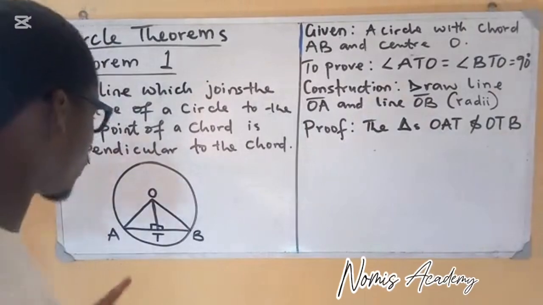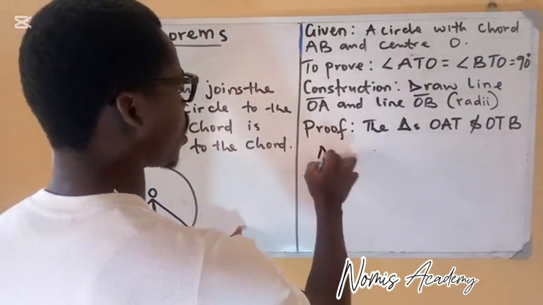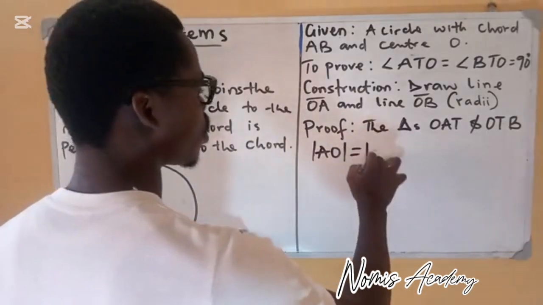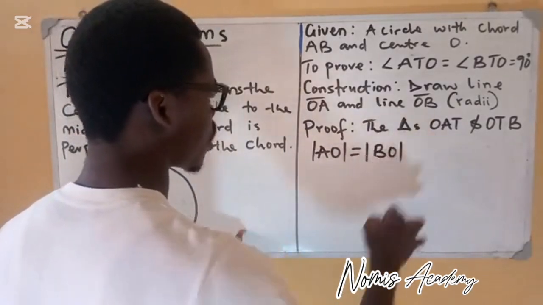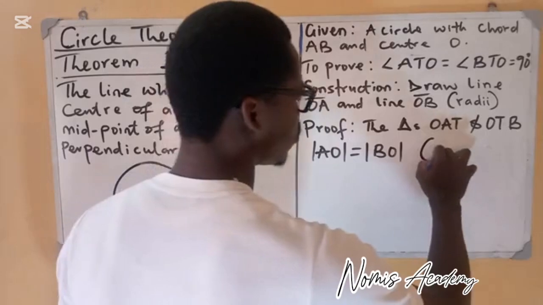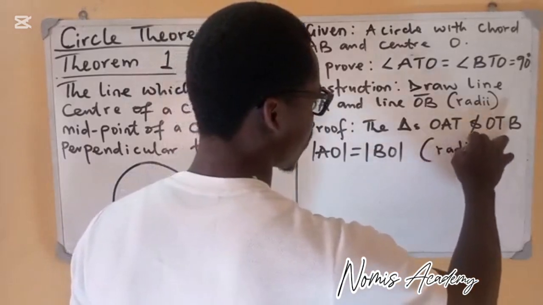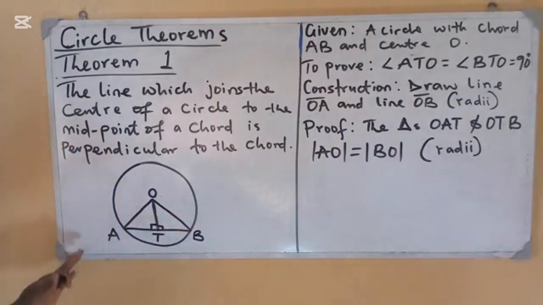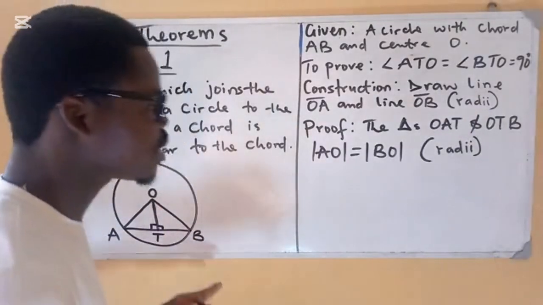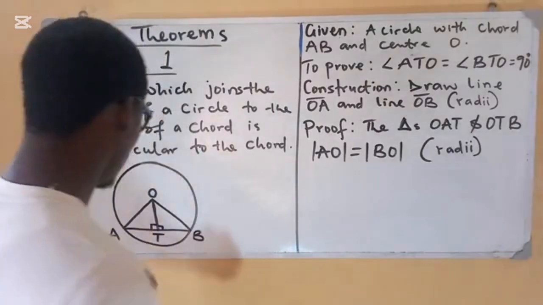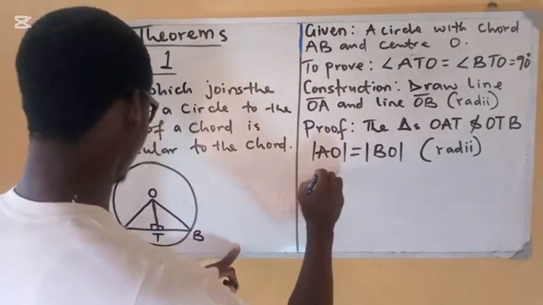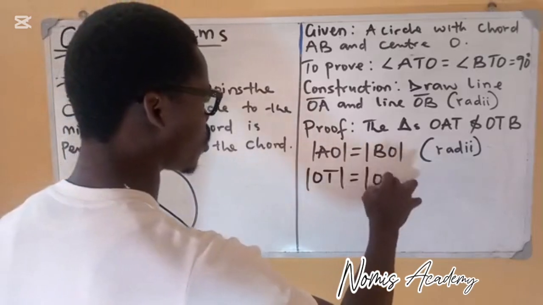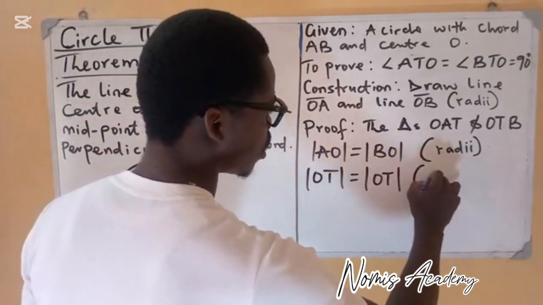So the first thing we will consider is AO is equal to BO, and it is called the radii. So they are equal. Line OA and OB are equal. Okay, and they are called the radii of the cycle. We also have OT also equal to OT, which is the common side.